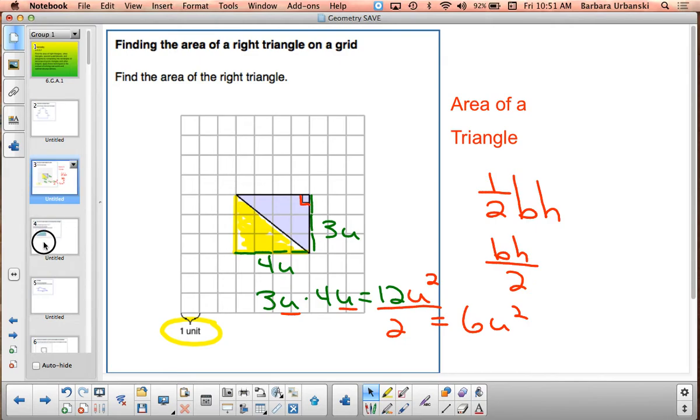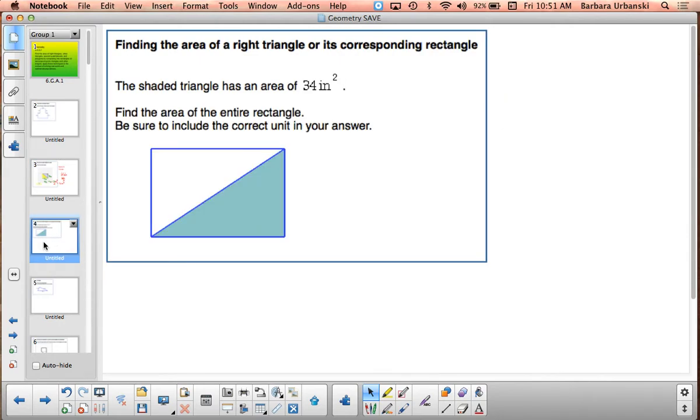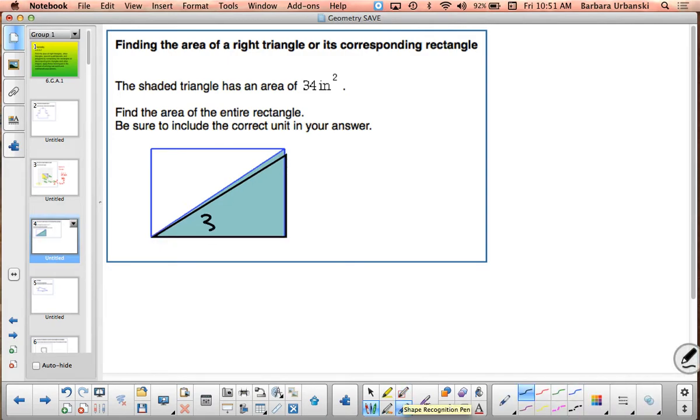The next thing that I'm going to take a look at is finding the area of a triangle or its corresponding rectangle. In this case, they're telling us the shaded triangle has an area of 34 inches squared. So that means this shaded area right here is 34 inches squared.